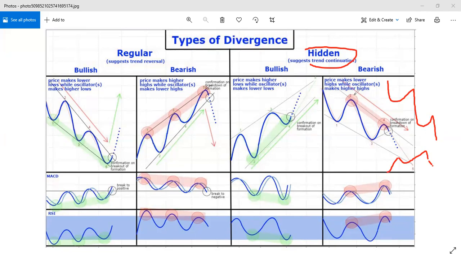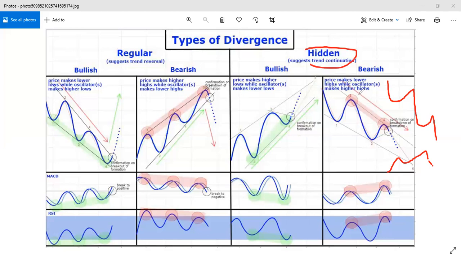So this tells you and I that this particular divergence helps to determine the continuation of trend. So you want to see your price giving you lower highs while your oscillator is making higher highs, all right?